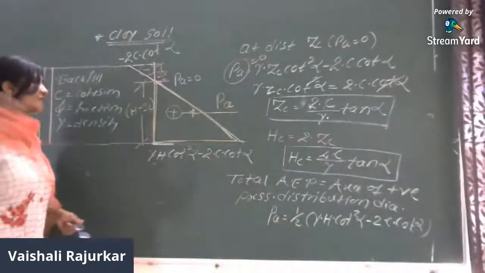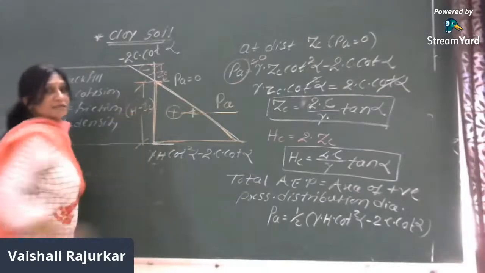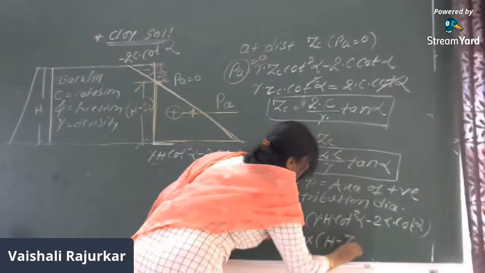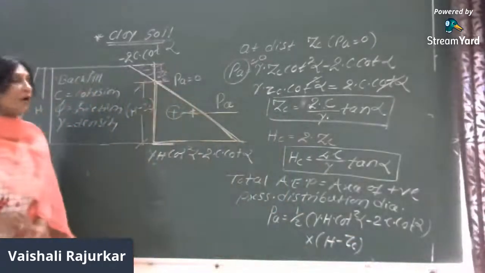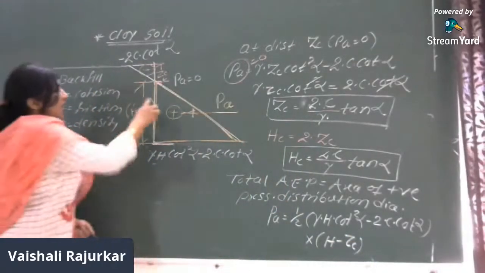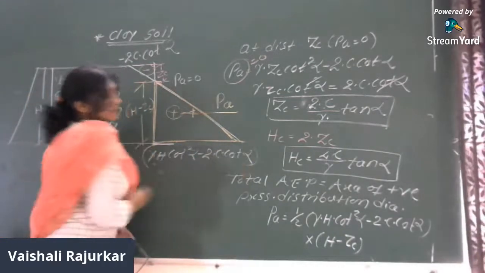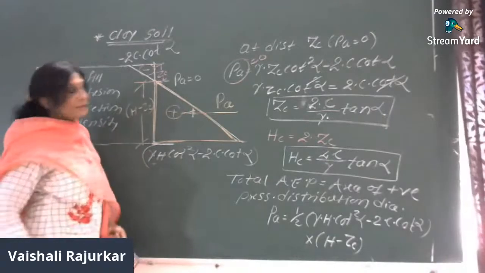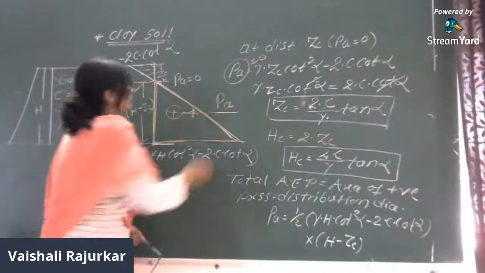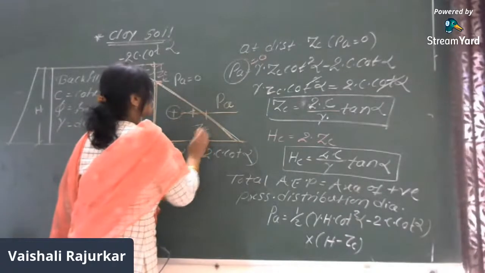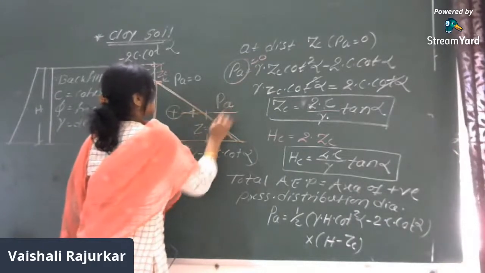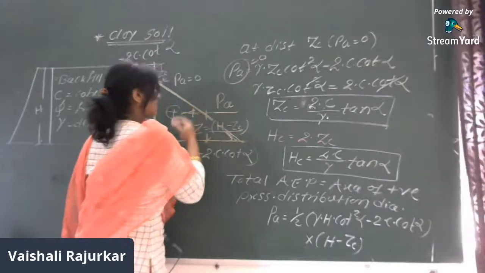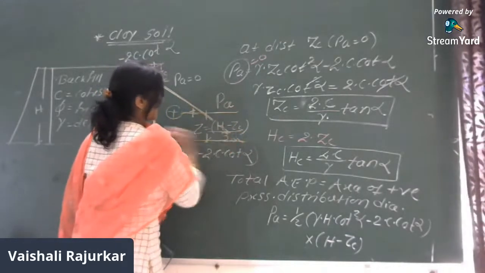What is the height of this triangle? The height of the triangle is H minus ZC. So this is the area of the positive pressure distribution diagram: half of this distance multiplied by the height of the triangle, H minus ZC. And it acts at a distance of H minus ZC by 3 from the bottom.